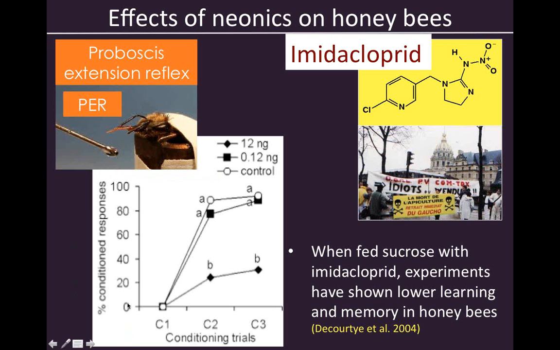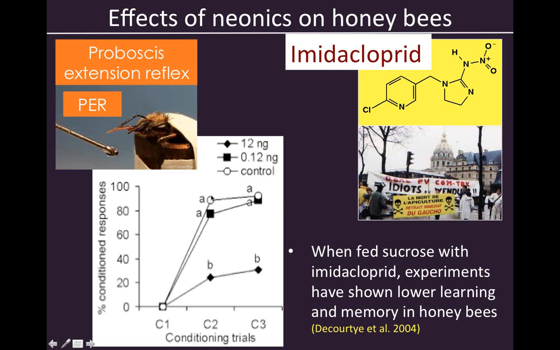In this experiment, when bees were fed sucrose with imidacloprid, compared to controls which only had sugar syrup, there was significantly lower learning and memory in honeybees. Here we have these 3 different trials. With the control, by the second conditioning experiment, about 90% of the bees had learned to associate the smell of the food with the food reward.